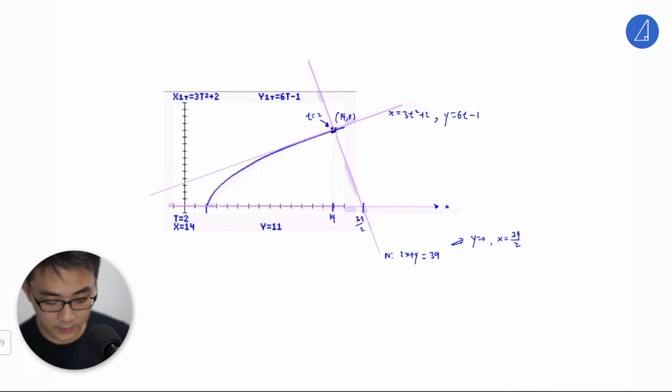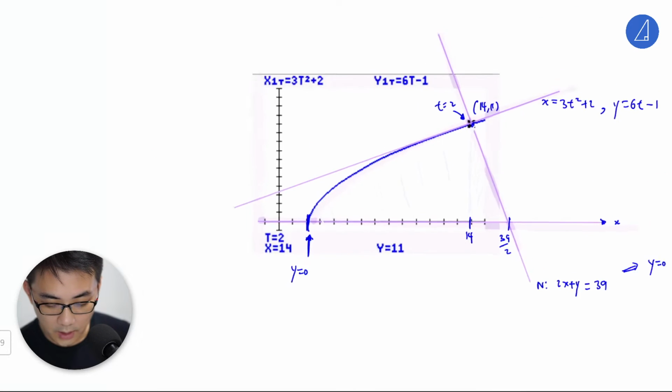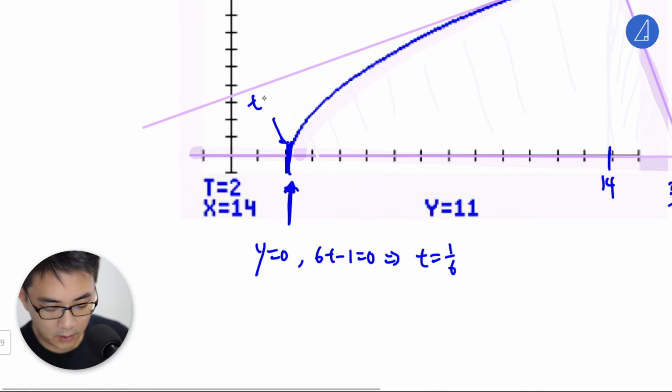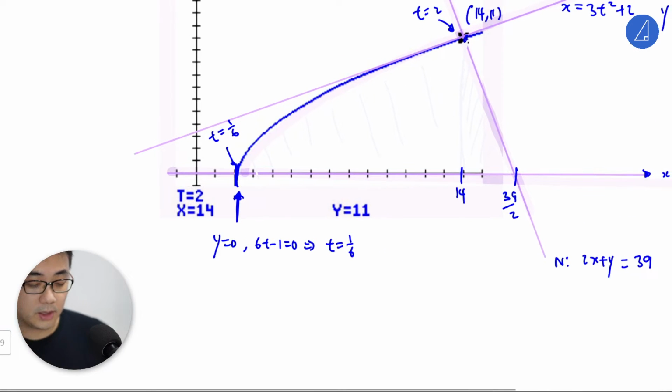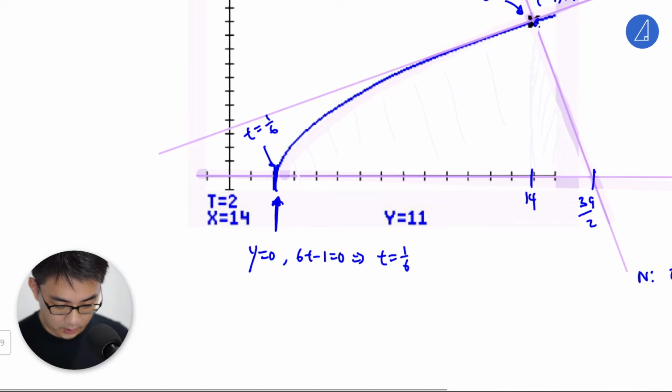Now what is the problem is this point here. We want to find this quickly. This is y equals 0, right? And the parametric form is 6t minus 1 equals 0. And this will give you t equals 1 over 6. Actually, what you need is just t equals 1 over 6, which is the point you need.